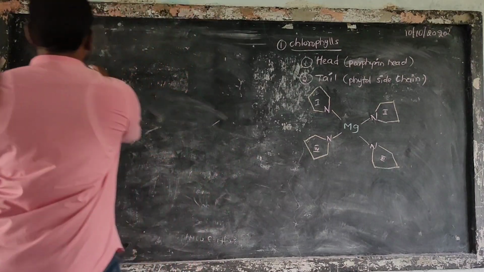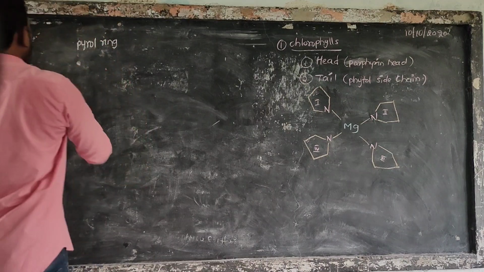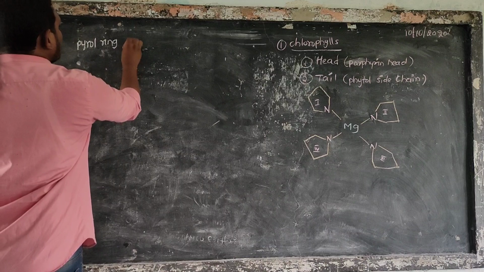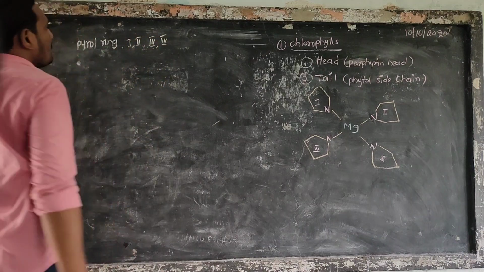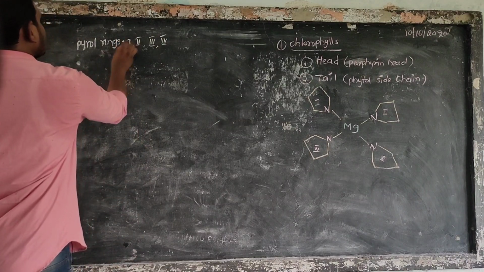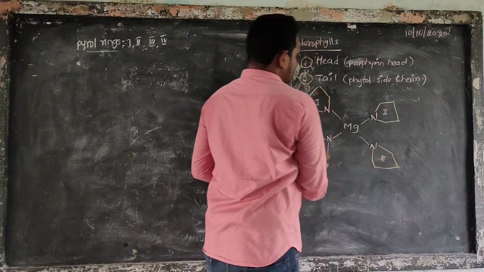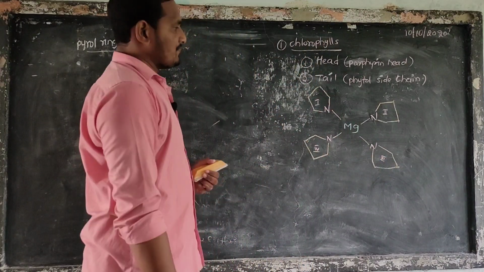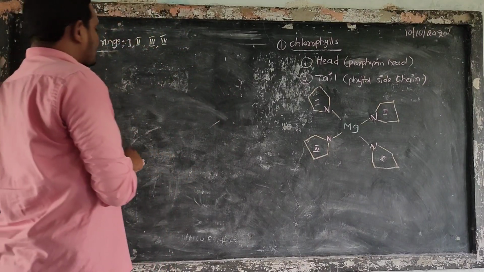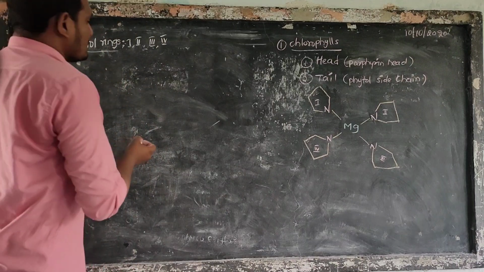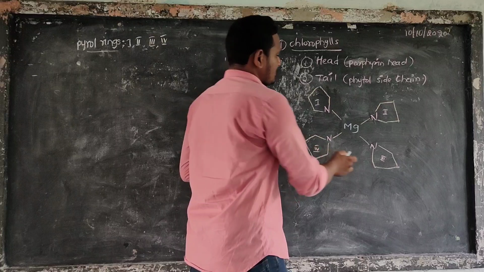These rings made up of 1, 2, 3, 4 are called pyrrole rings. One more ring is also attached to the third ring.